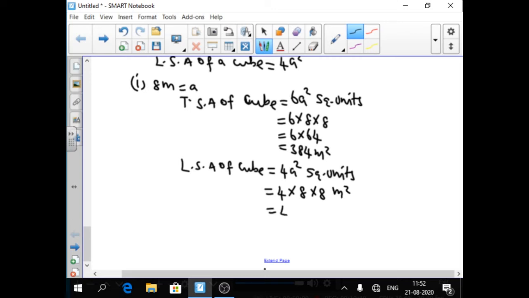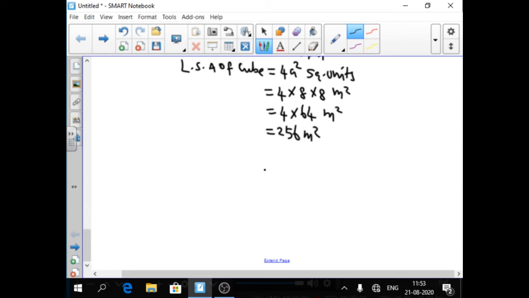So 4 into 8 eights are 64 meter squared. So 64 fours are 256. 256 meter squared. That's all. Fourth problem, first subdivision over. Next, you try this as homework, second subdivision and third subdivision.